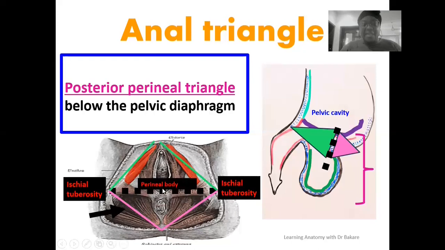This is where we have the perineal body at the central part, seen as a point of muscular collection at this central region. So you see this alignment running through these three sub-regions as presented here in this image. In the anterior part, you have the anterior urogenital triangle, and posteriorly, you have the posterior anal triangle. So this is how the anal triangle is carved out from this perineal space.